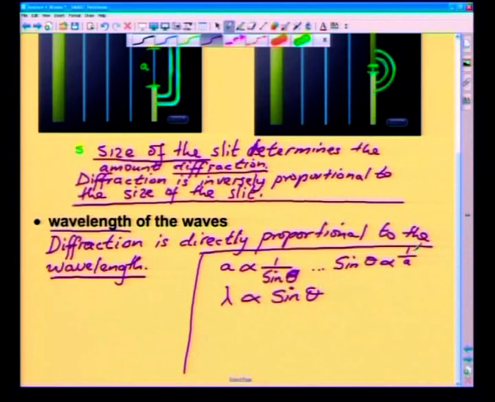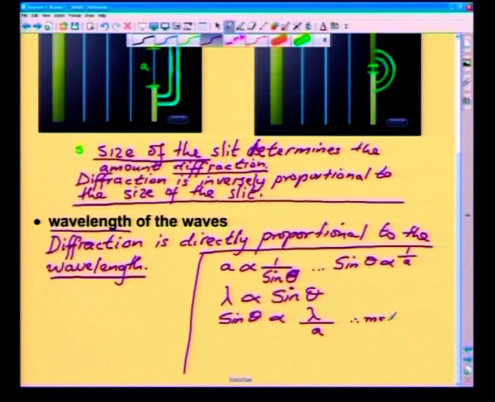That's what we have from this one here. Then if we put these two together, the amount of diffraction, which is given by sine theta, will be proportional to lambda divided by a, which is the size of the slit. Now, to remove the proportionality sign, we know we have to bring in a constant. And that constant happens to be m.